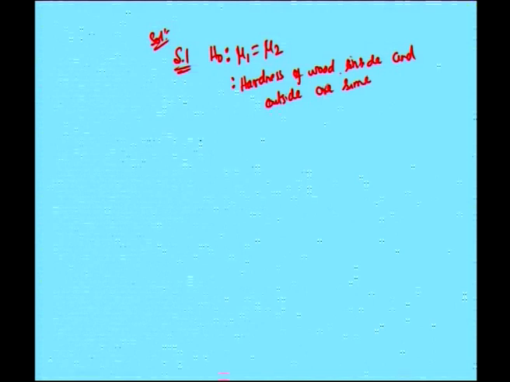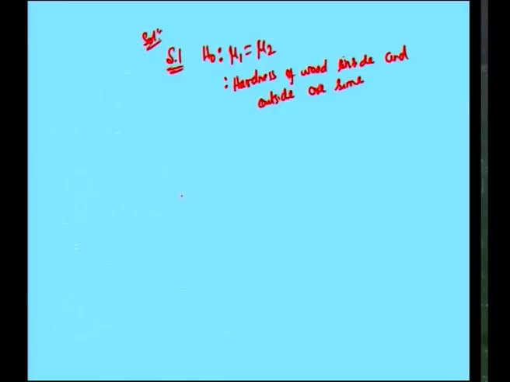But this is not the particular statement which will give you the exact answer to the question given. You are asked to test whether hardness is affected by weathering. It means when hardness of wood inside and outside are same, it means that it is not affected by the weathering, right?